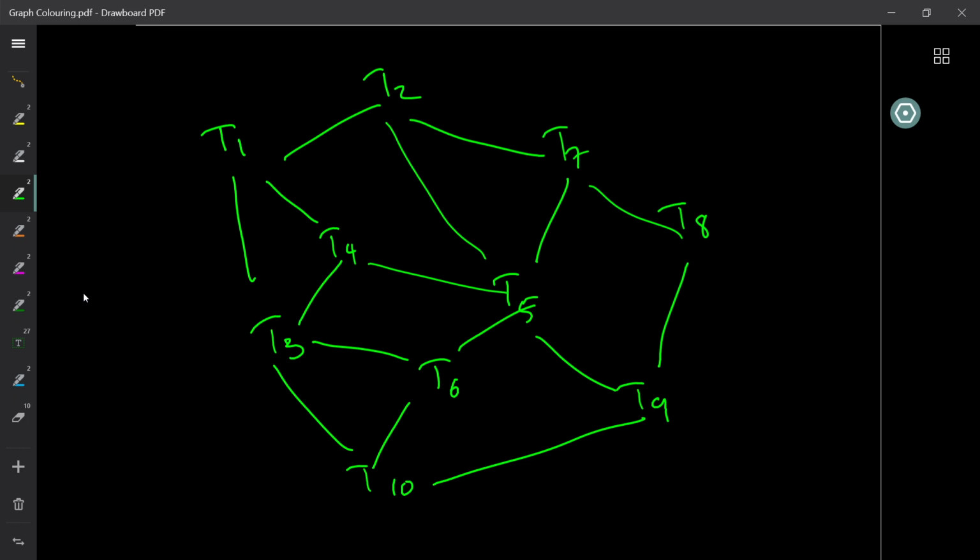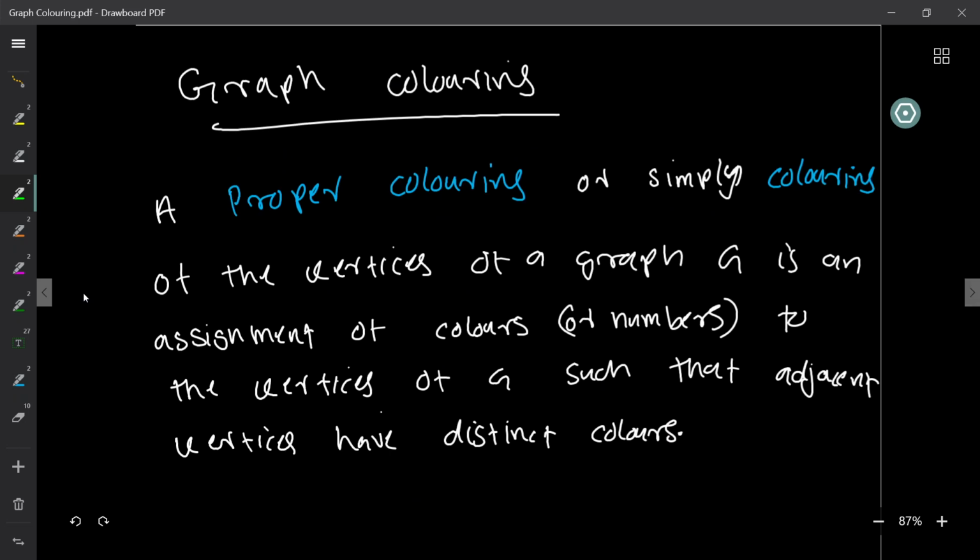But there could be other things, like coloring maps. We'll talk about that later. You want to give adjacent districts or adjacent countries different colors, and you want to minimize the number of colors that we use. All such questions can be solved using the idea of graph coloring.